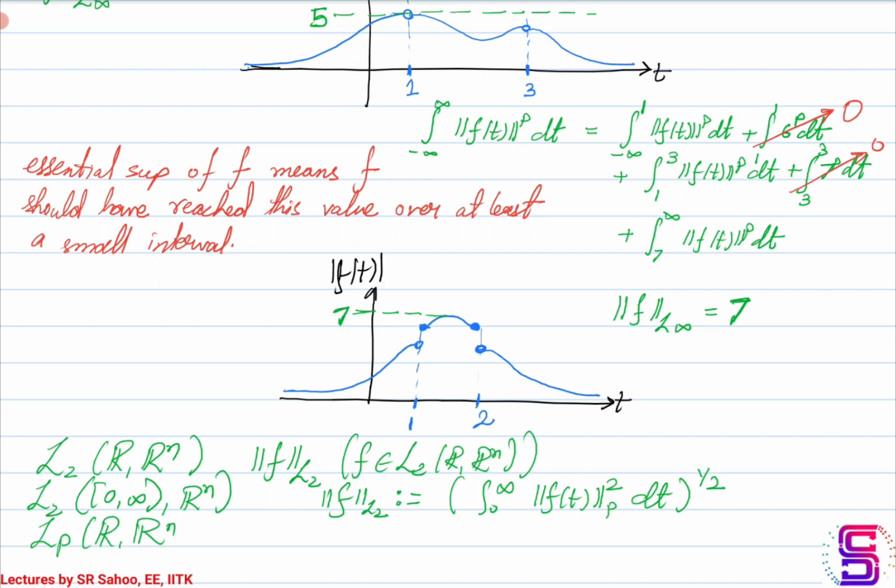Okay. Also, we saw a general definition of LP of R to Rn, and what the LP norm essentially means for a function that belongs to this particular LP space. And we also saw, similarly, LP over the interval 0 to infinity to Rn, so functions mapping from 0 to infinity to Rn can be defined as f.